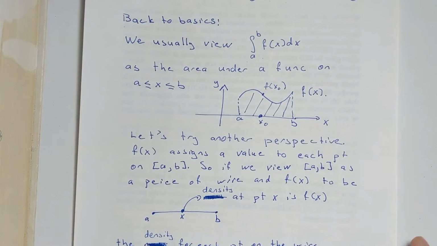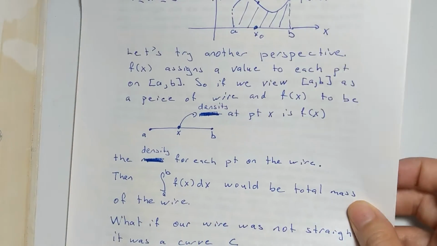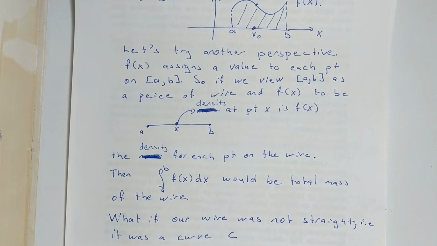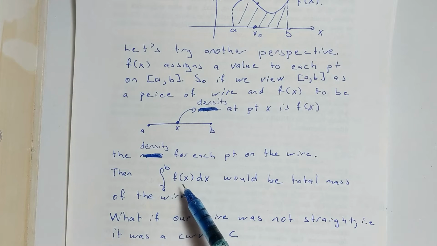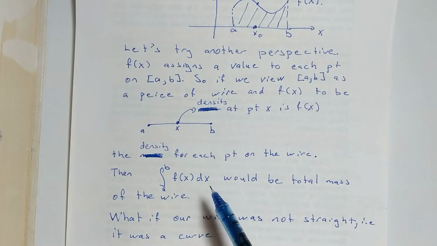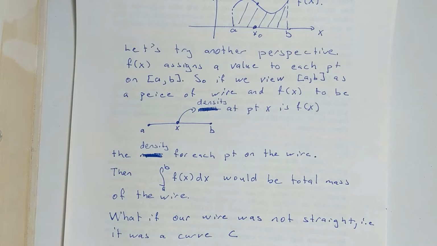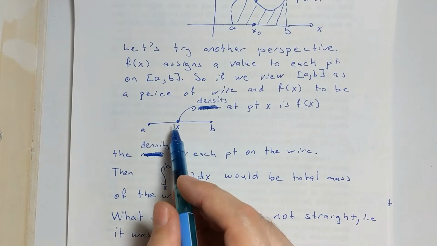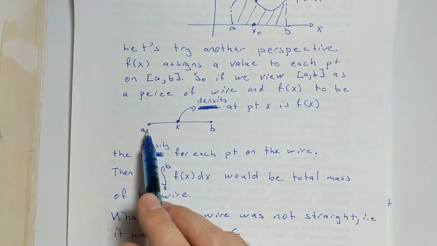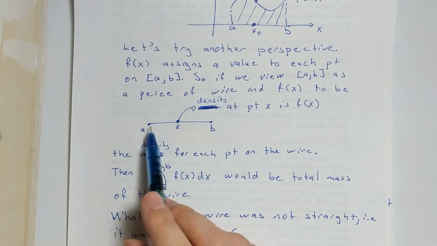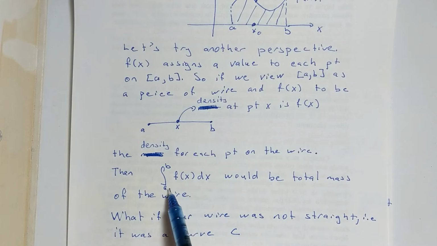Then, as we've seen before, the integral from a to b of f of x dx would calculate the mass of the wire. You know the density at each point, and you integrate over the interval. Since it's just a line segment on the x-axis, it's going to be the integral from a to b of f of x dx.